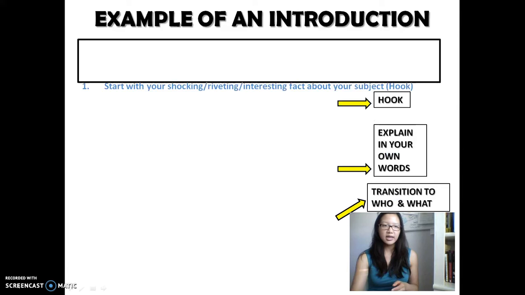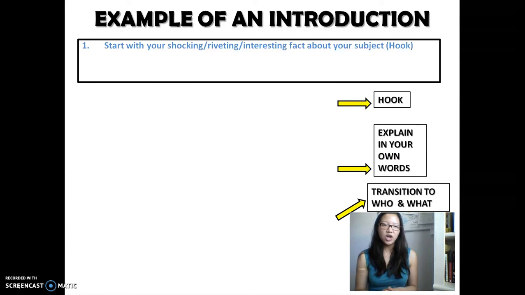The first is that we should start with a shocking, riveting or interesting fact about the subject. Those could be any of the methods that we just outlined, whether it's a vivid anecdote, a quote, figurative language, or historical background information. All of those definitely work in composing the hook of your story.